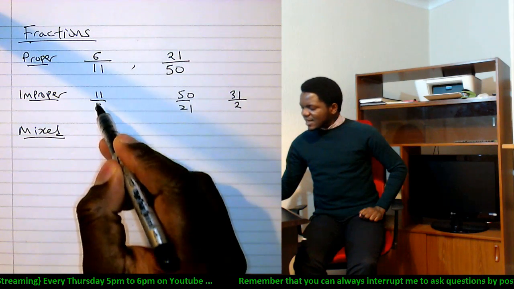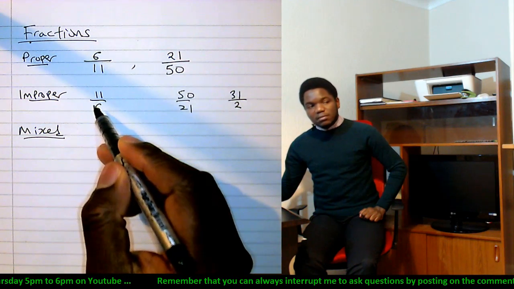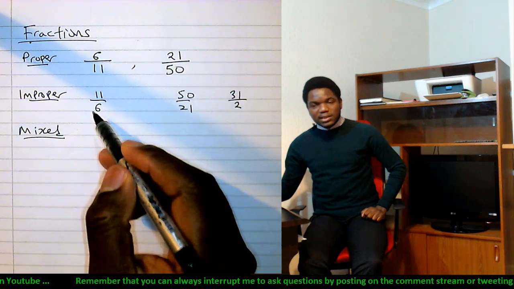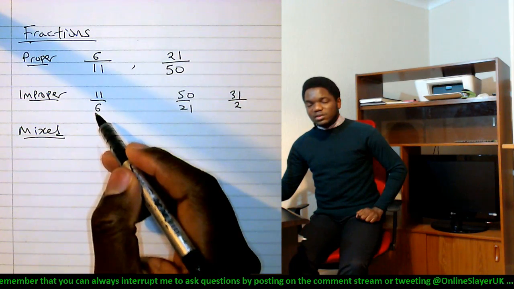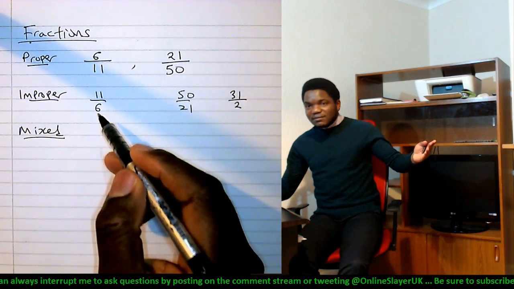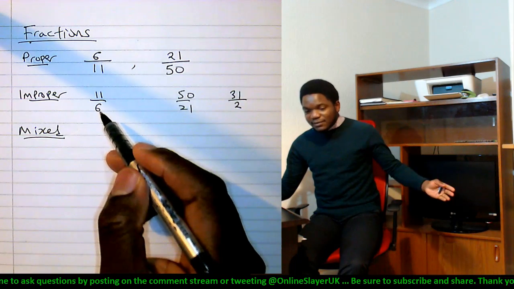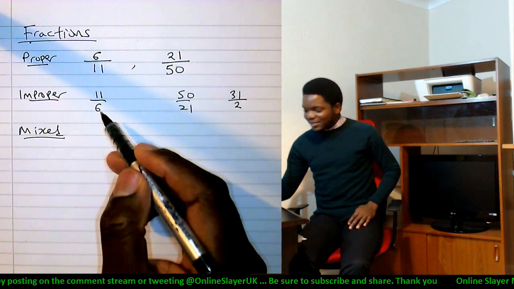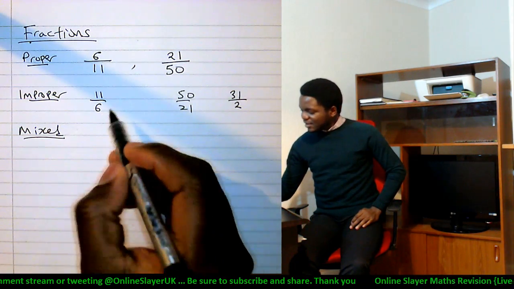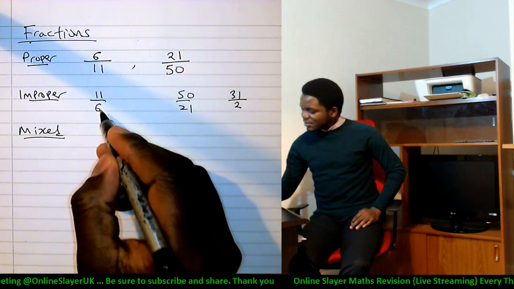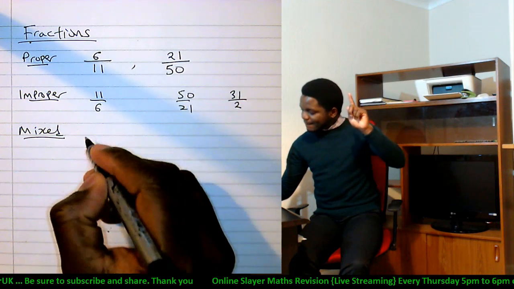How many 6s can you find in 11? I should think 1, because if I take 6 out of 11, I'm left with just 5. And you cannot find any 6 in 5.